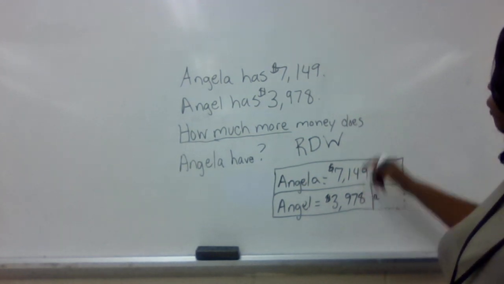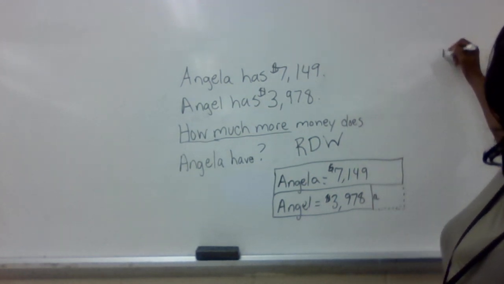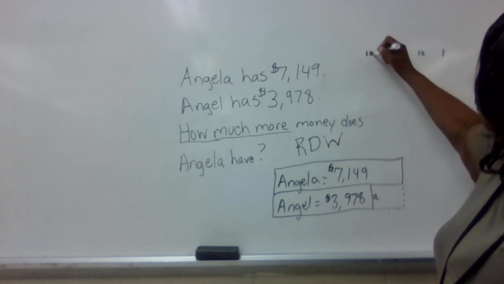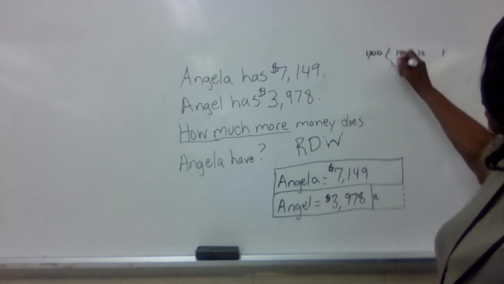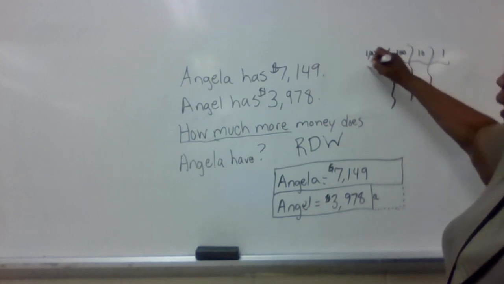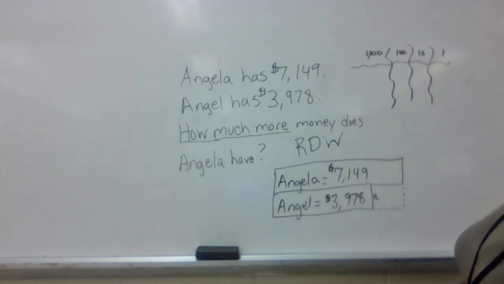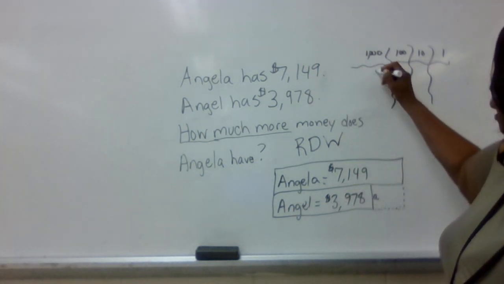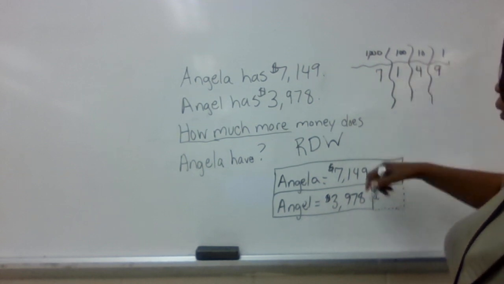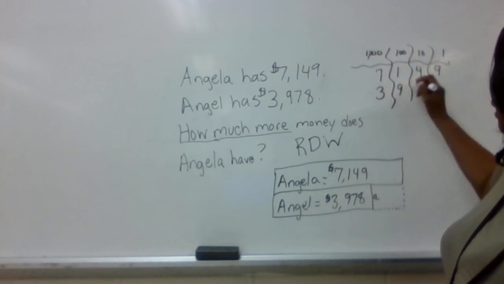Okay, so we're going to, again, do our place value chart: ones, tens, hundreds, thousands place. And that's the farthest I need to go because my numbers are in the thousands. And I'm subtracting, so I know it's not going to get bigger than the thousands place. So I'm going to put what Angela has, 7,149, and what Angel has, 3,978.